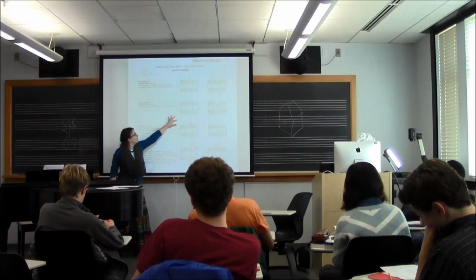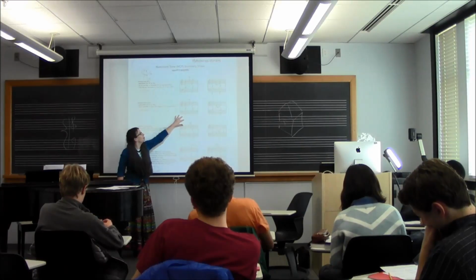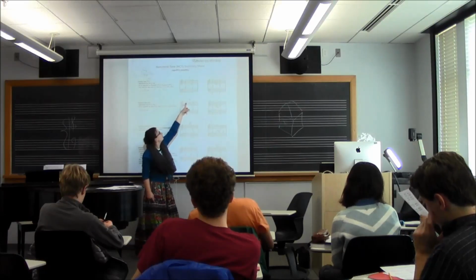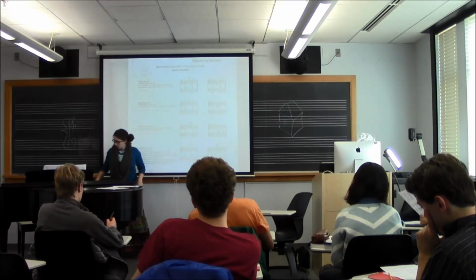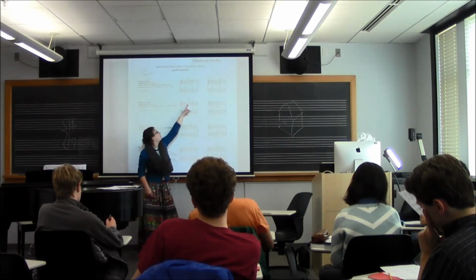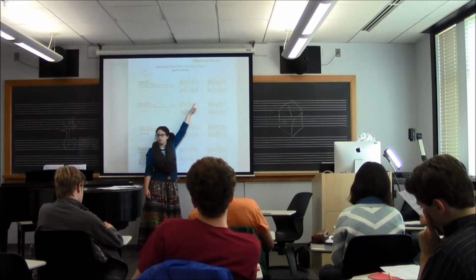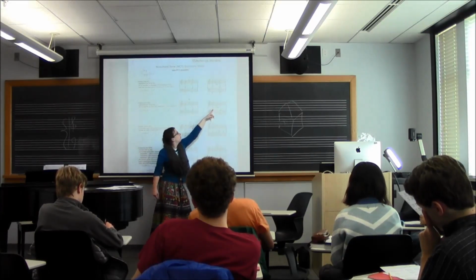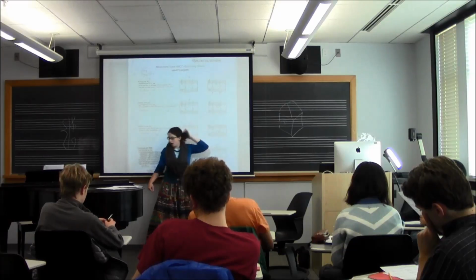A neighbor note is very similar to a passing tone, except that instead of traveling down to another note, you go down a step and then you go back up to the same note. You go down and then up.